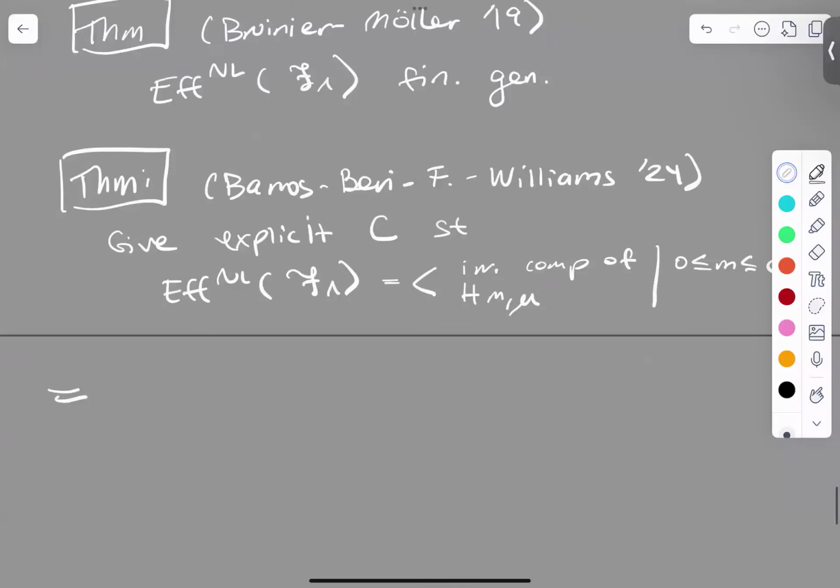And in particular, this allows us to compute these cones for many examples.